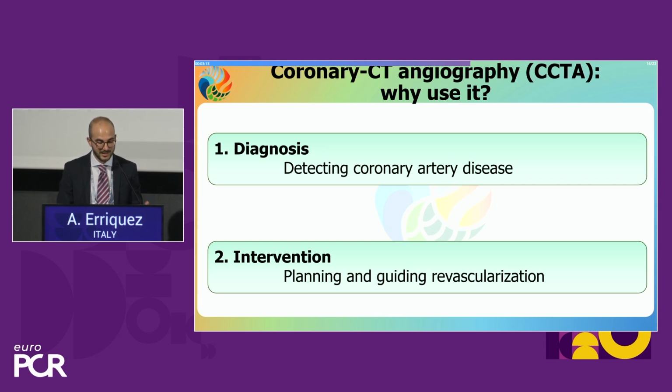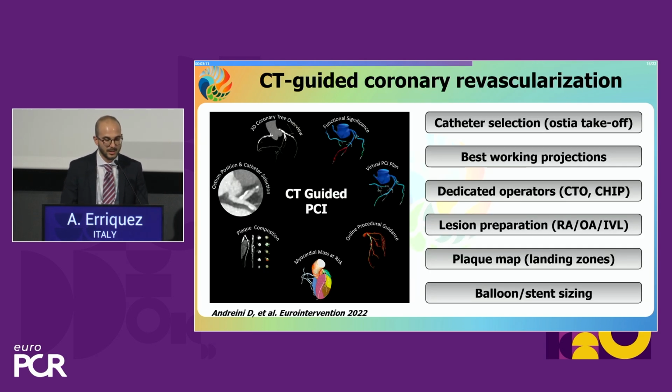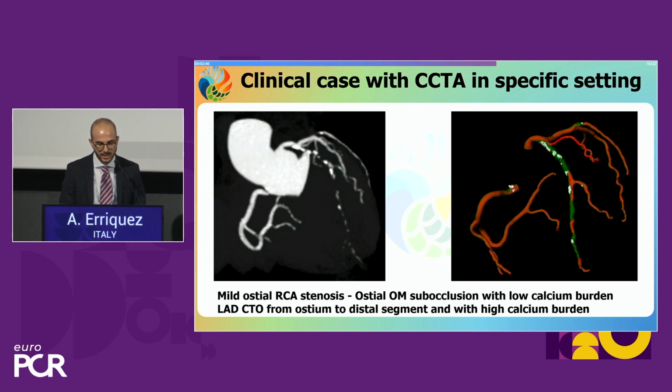This is possible thanks to the capability of CT angiography to provide a lot of information, starting from the best catheter selection and the best working projections, but mainly the need for dedicated operators or dedicated devices for an adequate lesion preparation in case of complex lesions, heavily calcified lesions, or the presence of CTO, and so on. And again, let me show you another clinical case managed with this technology in our center.